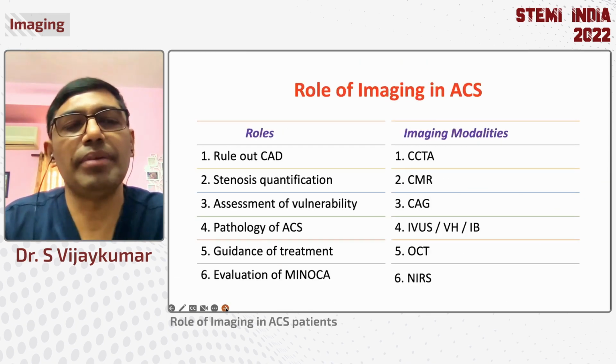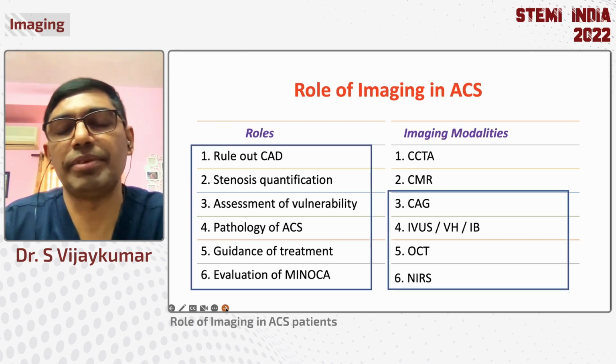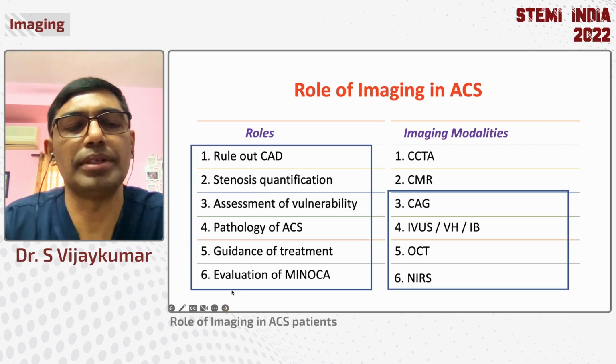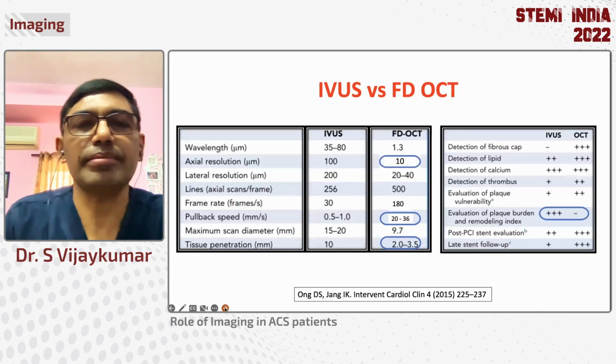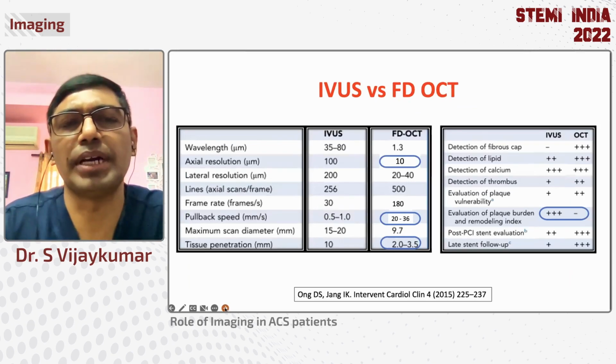Moving on to invasive imaging, we have these types of invasive imaging. In comparison to CT, they give information about most of the various areas in ACS. Two commonly used modalities: one is intravascular ultrasonography, and the second is intravascular optical coherence tomography. Comparing these two modalities, optical coherence tomography has 10 times higher resolution.